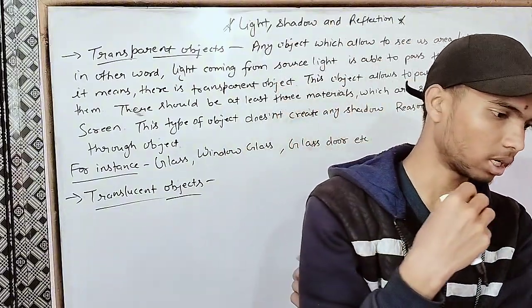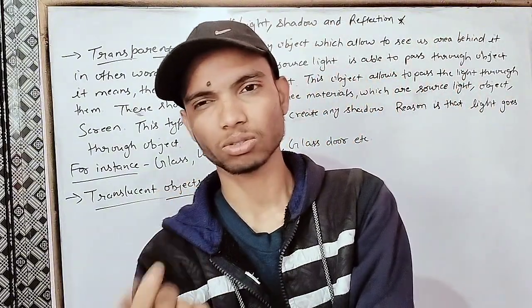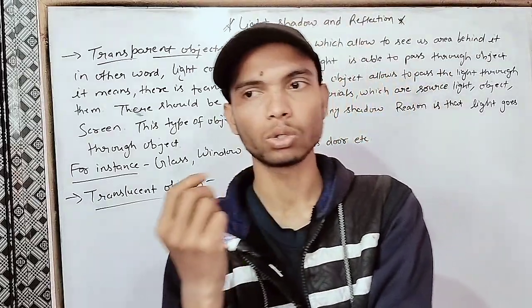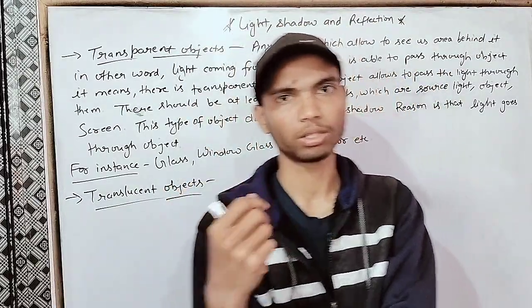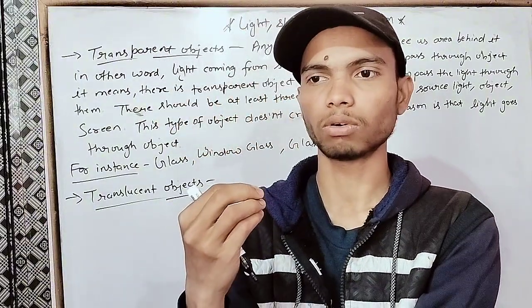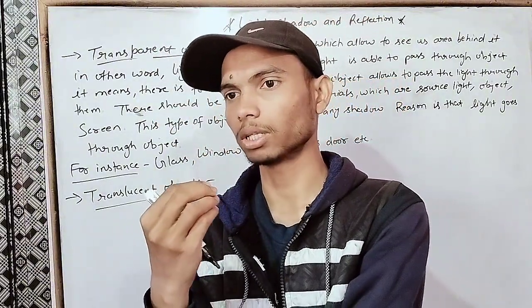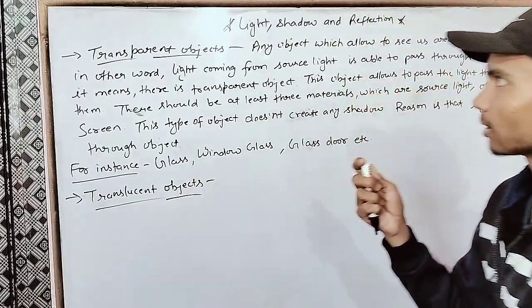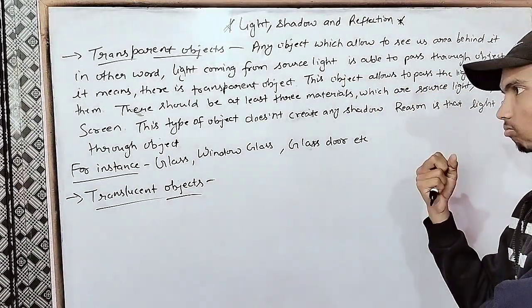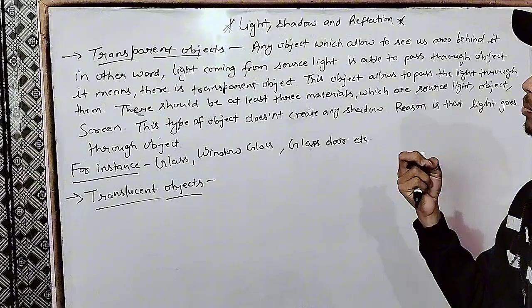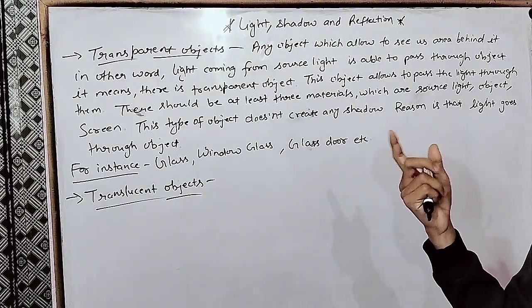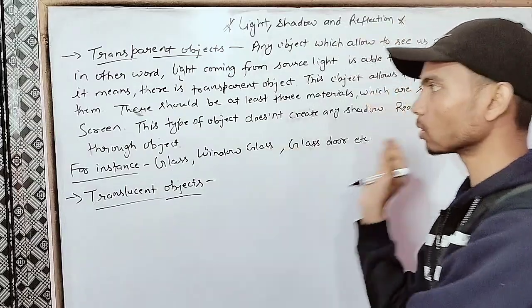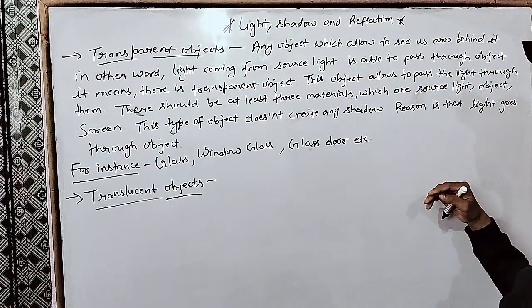First, source light, second, object, and third, a screen to see whether there is a shadow or not of the object. And as we know, this type of object doesn't create any shadow because light goes through the object.